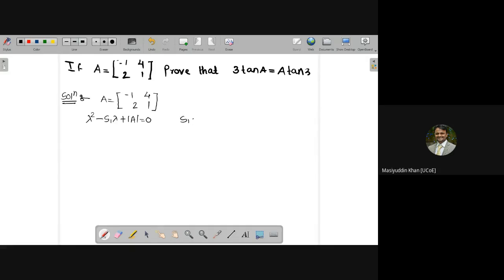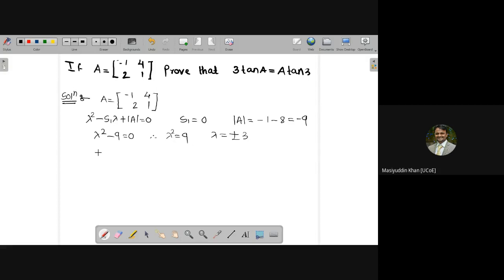Here S1, the sum of the diagonal elements, is 0, and calculating the determinant of A, you will get minus 1 minus 8, that is equal to minus 9. So we substitute here: lambda square minus 9 is equal to 0. Therefore lambda square is equal to 9, so lambda is equal to plus minus 3.